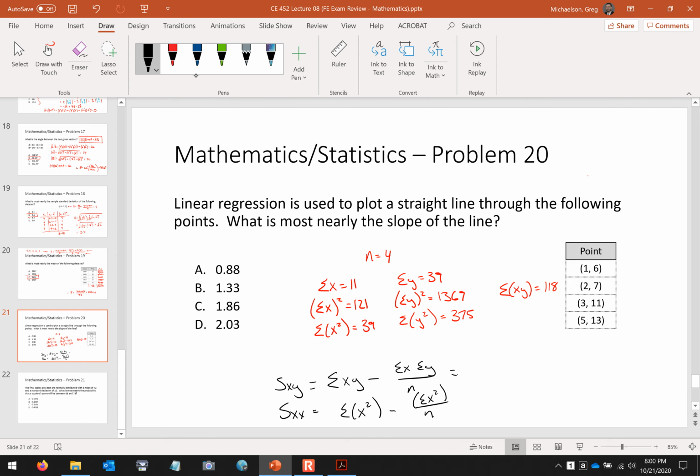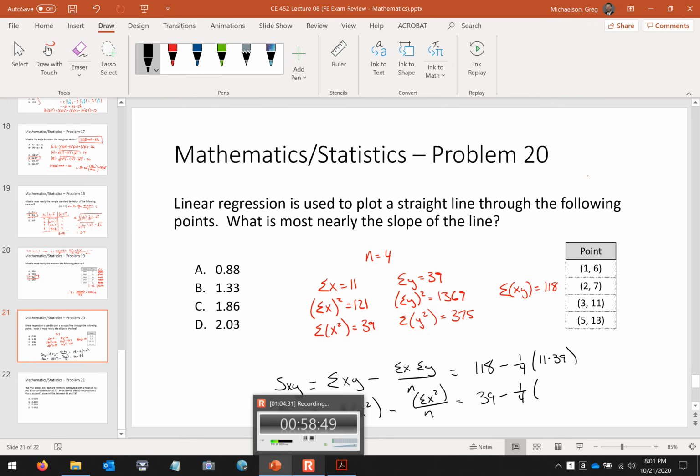And so what do we got? So this is 118 minus 1/4 of 11 times 39. And then this is 39 minus 1/4 of, let's see, hold on, what did I get wrong? Oh, I see, 121. So let me break out my trusty calculator here.